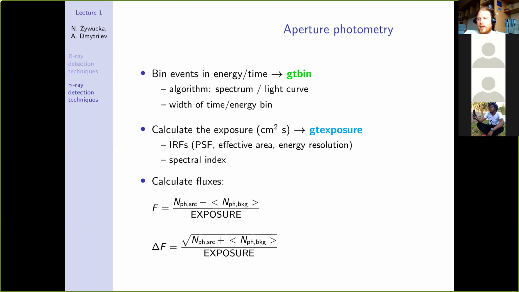In order to get your flux, you need to divide the number of counts by the exposure. This is effective area multiplied by the effective observational time, but convolved with the IRFs. So you need to calculate exposure to get the physical flux.